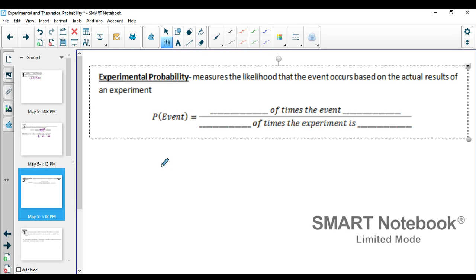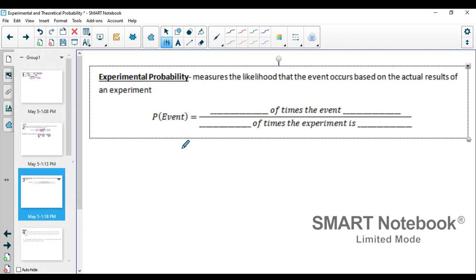All right, so there are 2 main types of probability to start with. The first is experimental, and this is something you actually do. So it measures the likelihood that an event occurs based on actual results of an experiment.